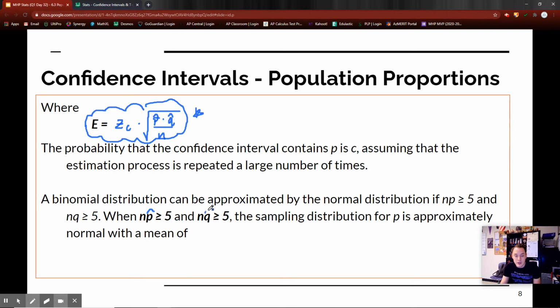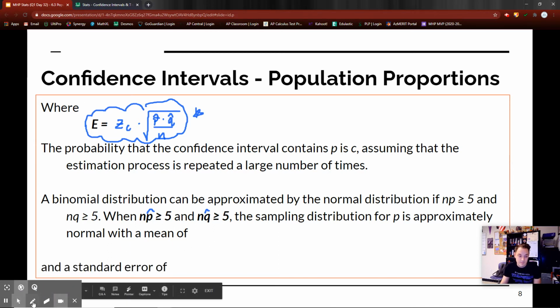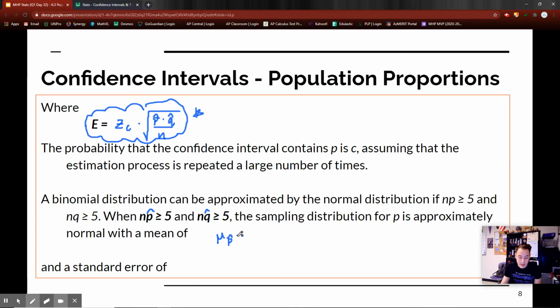It has a mean of mu sub p hat equals p, so essentially my population proportion is equal to my population mean, with a standard error, sigma sub p hat, equal to the square root of p times q all over n.